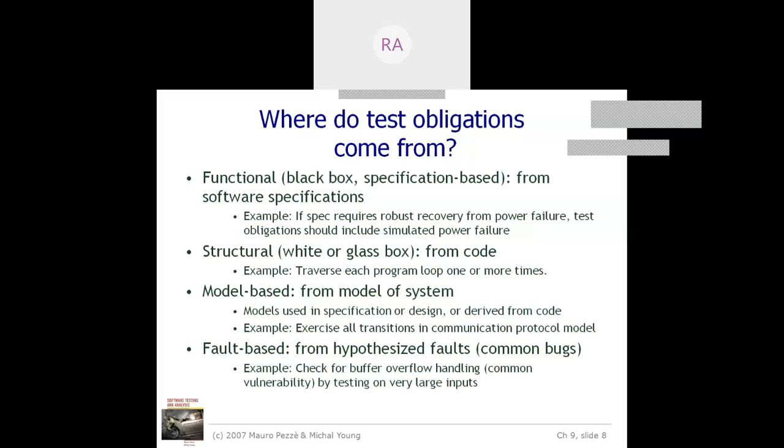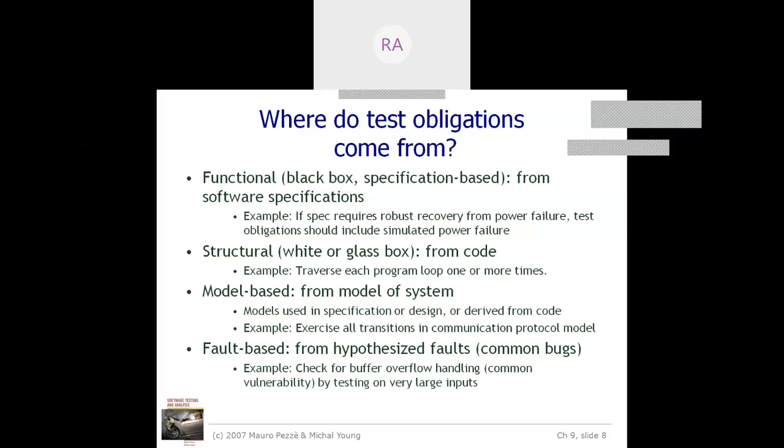Then whenever I'm having structural, that is white or glass box testing, the example for test obligation is that it must include traversing through the program, that is, if you have a loop within the code, you have to traverse it one or more number of times. This is just an example.